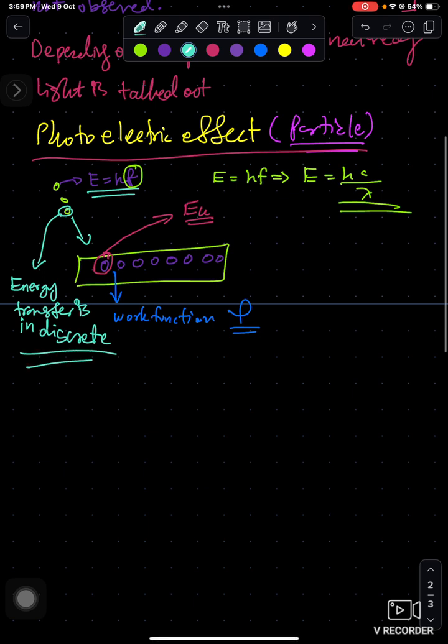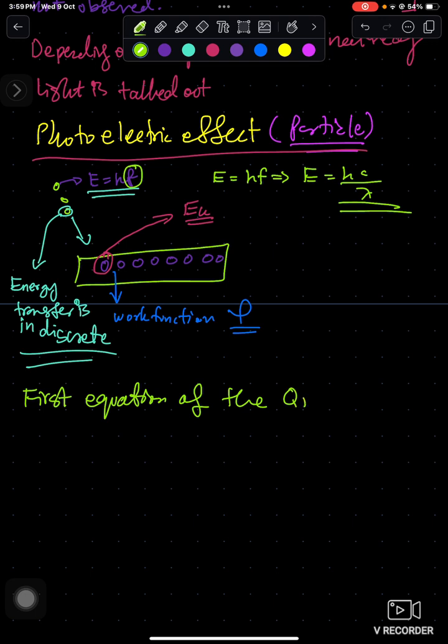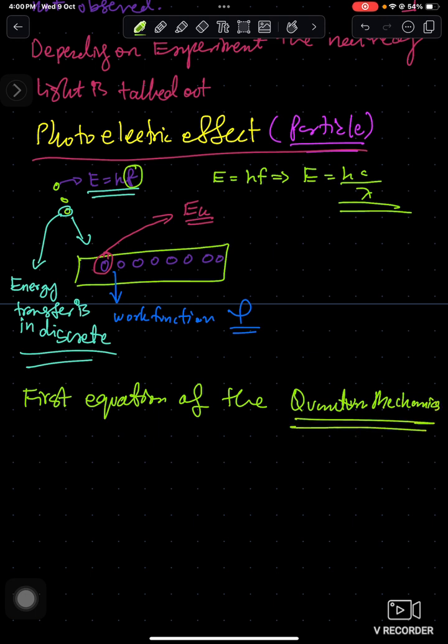How? This is said by the first equation, as per me, of quantum mechanics, which is this equation, E equals hf, and this equation.